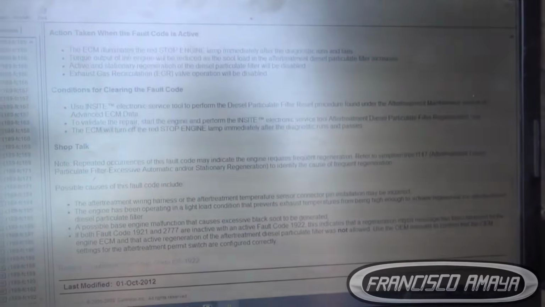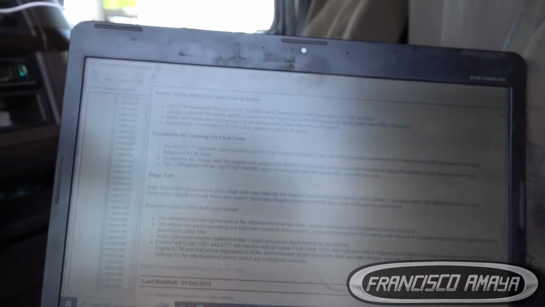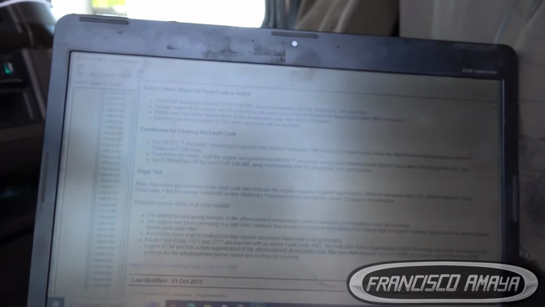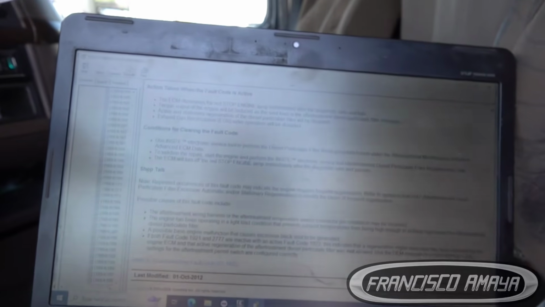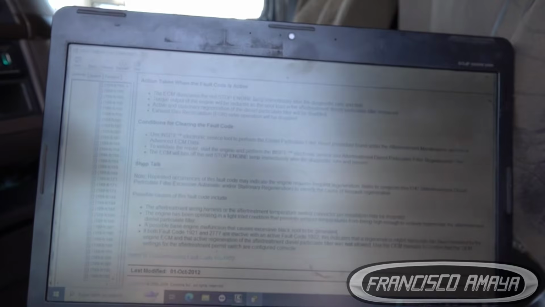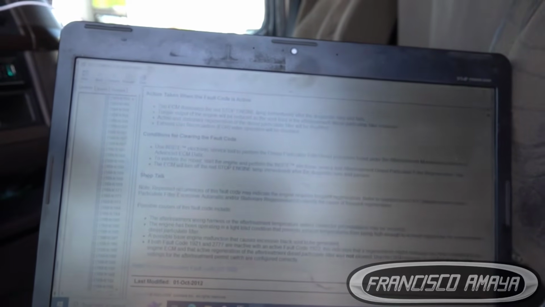So there are a couple of ways to solve these problems, but you need to do step-by-step testing to know what the solution to this problem will be. I will say then we might have a problem with the Regen. The Regen is not happening.